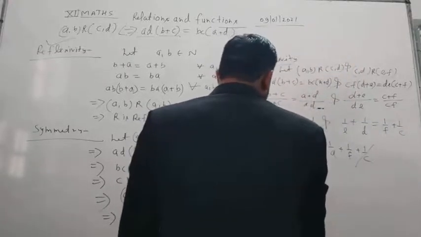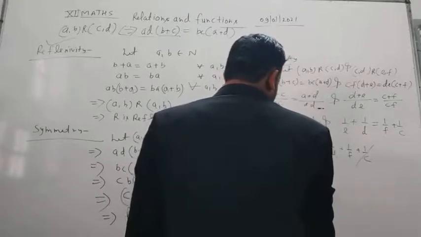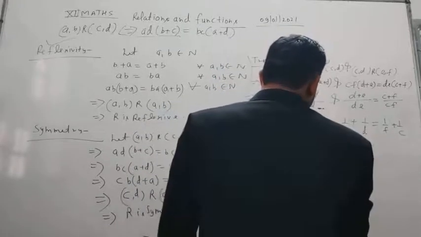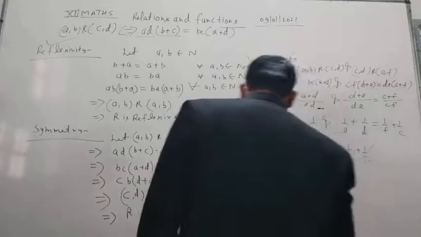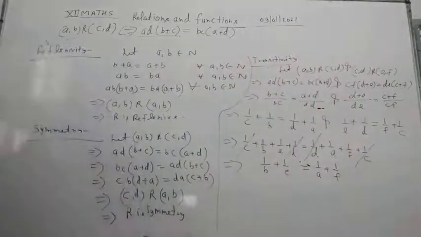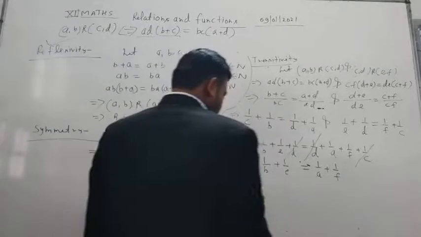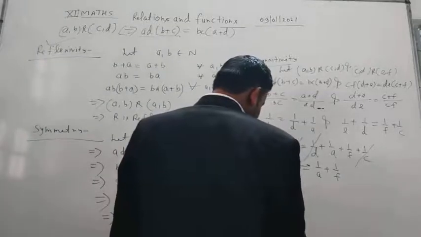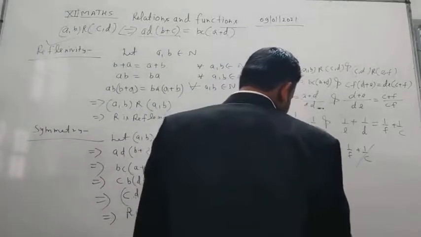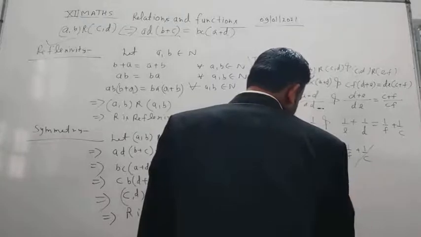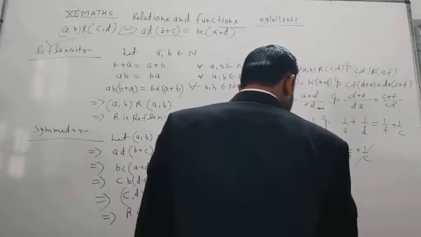We get from here 1/B + 1/E = 1/A + 1/F. Now we write (B + E) by BE and (A + F) by AF.